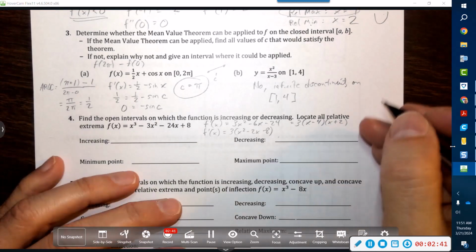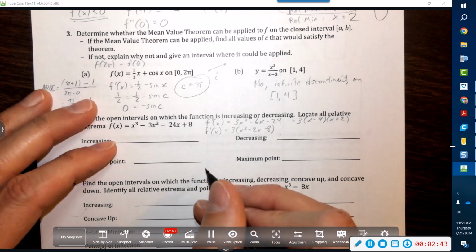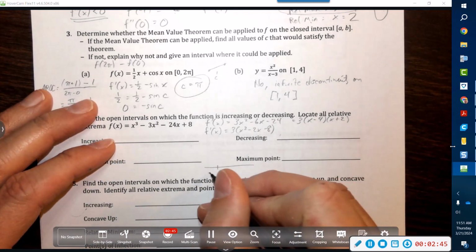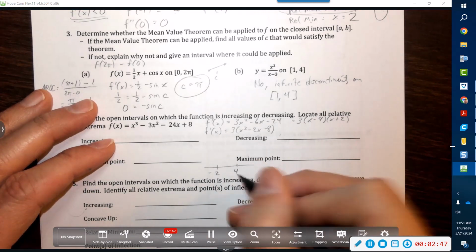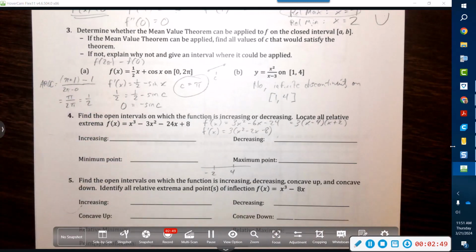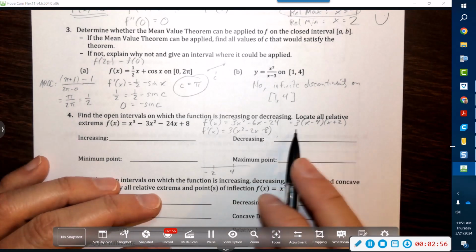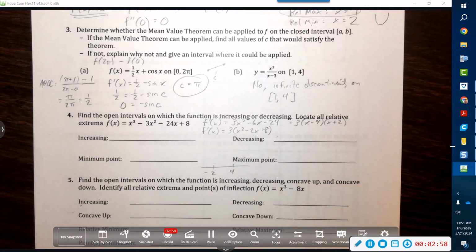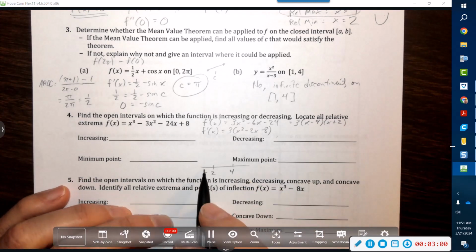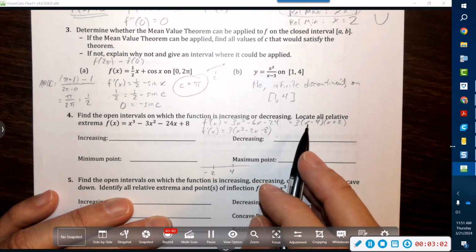So this means that where it equals 0, -2 and 4, is where we're going to get the critical points. Let's pick a number to the left of -2, say -3.